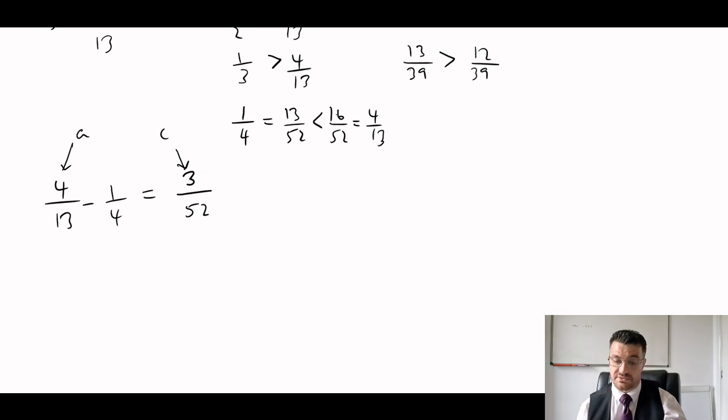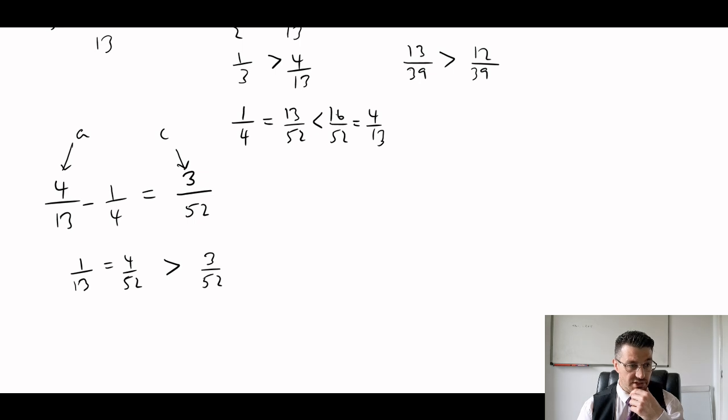I tried a series of numbers actually. I started with 1/13. So I found that 1/13, comparing this with 3/52, multiply by 4, so that's 4/52, which is greater than 3/52. So 13 is not the number that I'm looking for.